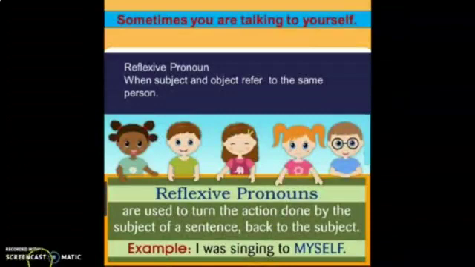For example, I was singing to myself. Who? I is the subject, and I was singing to whom? To myself. To myself is the reflexive pronoun.